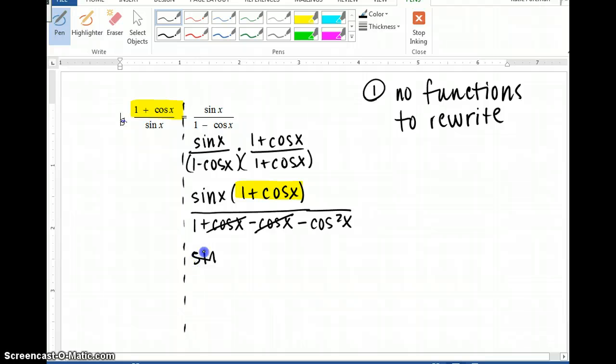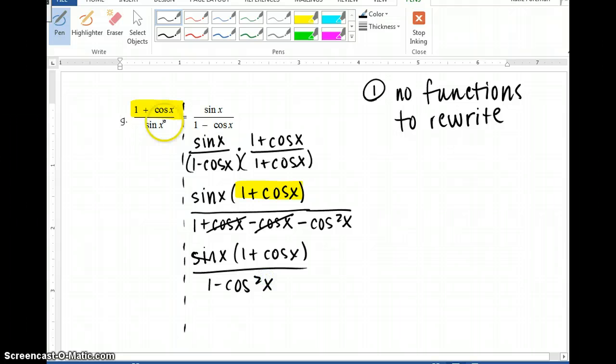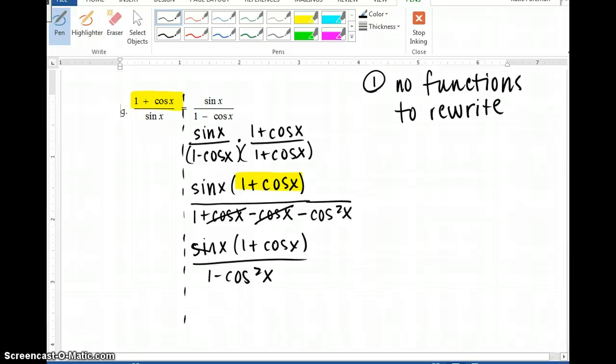So now I have sine x times 1 plus cosine of x, all divided by 1 minus cosine squared x. So we're close to what we need the left to look like, but I need to get rid of the sine in the numerator, and somehow I need to introduce a sine in the denominator.